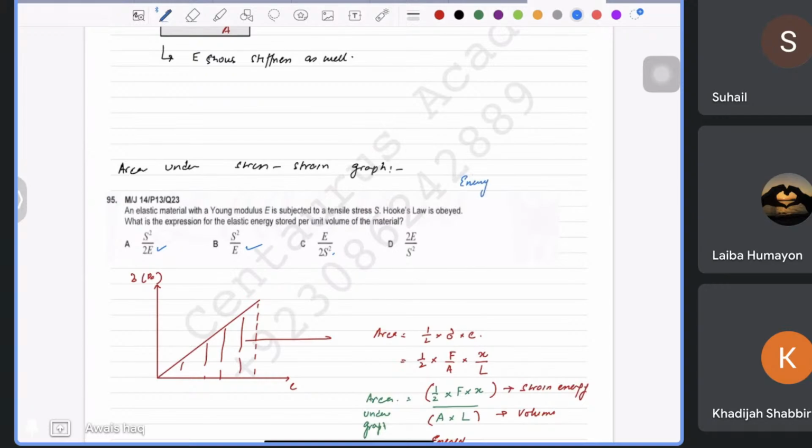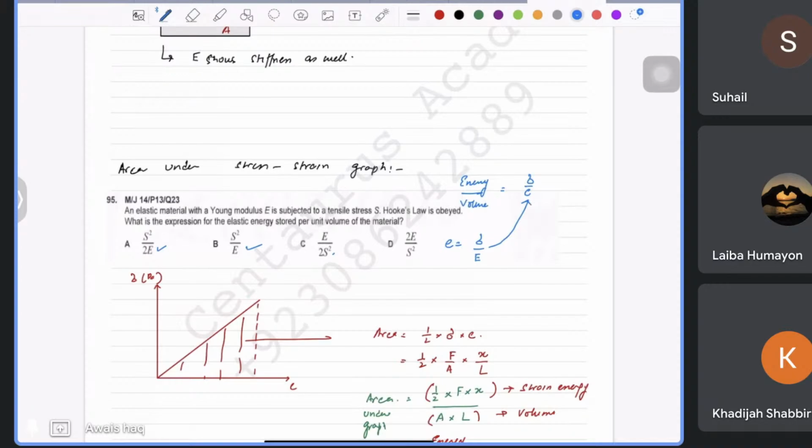So energy per unit volume is given by half times stress times strain, and strain itself is basically stress over Young's modulus. So what we can do is put it back into this.